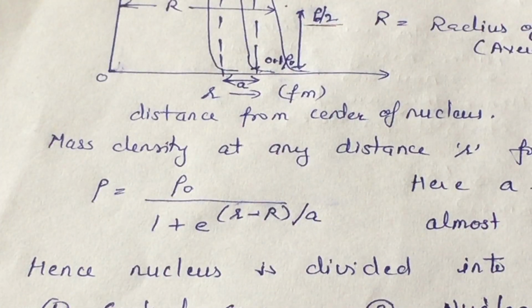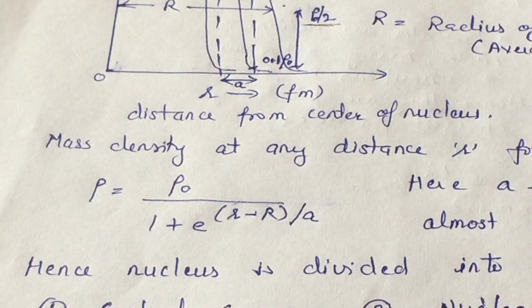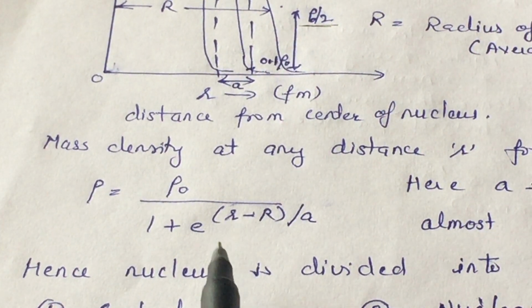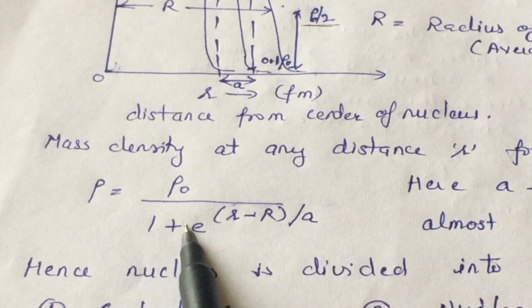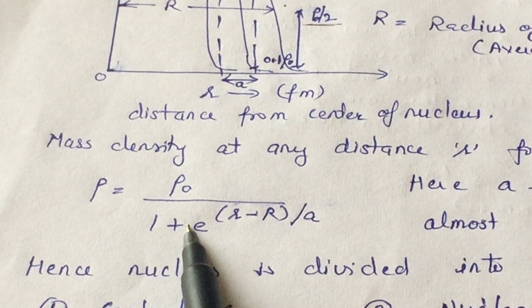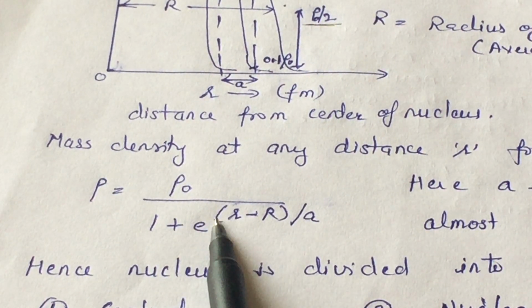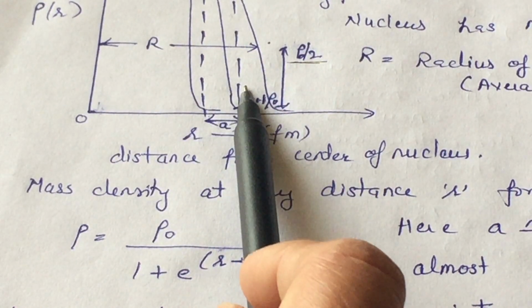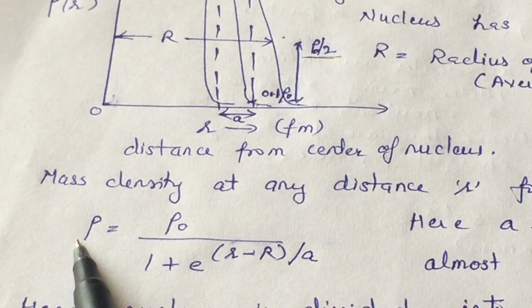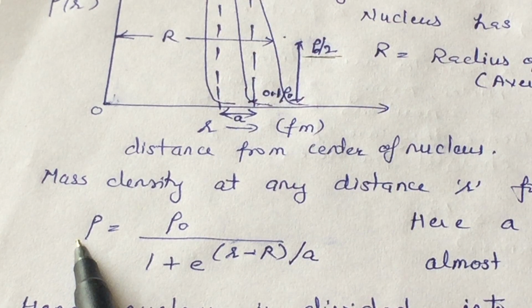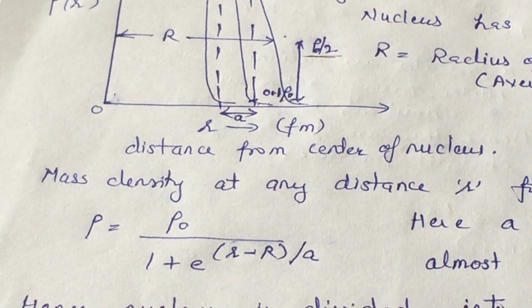Now, if we draw this graph with the help of an equation, we obtain this type of equation, or we can say that from this equation we can obtain this graph, where rho represents the mass density at any point at distance r.